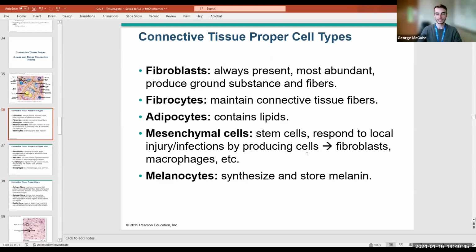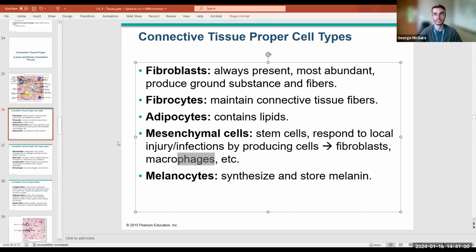So mesenchymal cells are just a general category for all the cells that are kind of responding to damage. So these could include stem cells like fibroblasts. These could include the phages. So here's another suffix to talk about. A phage is any type of cell that is going to be responsible for digesting or destroying other cells. So your macrophages are very large immune system cells, white blood cells, that are there to absorb and kill invading bacterium and viruses and fungi.